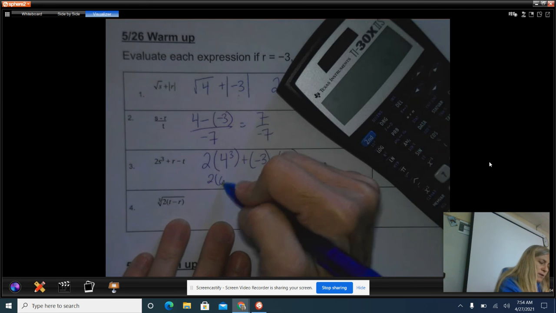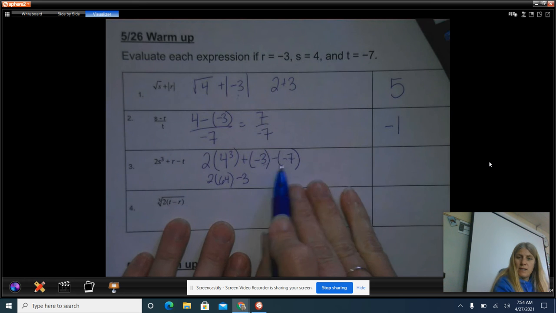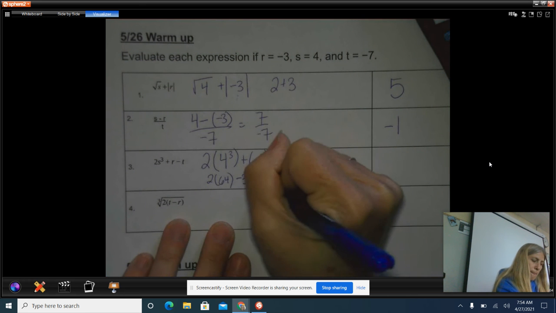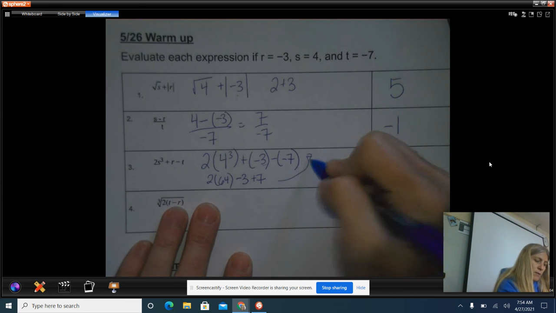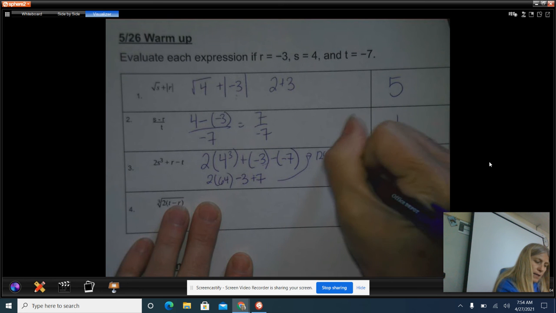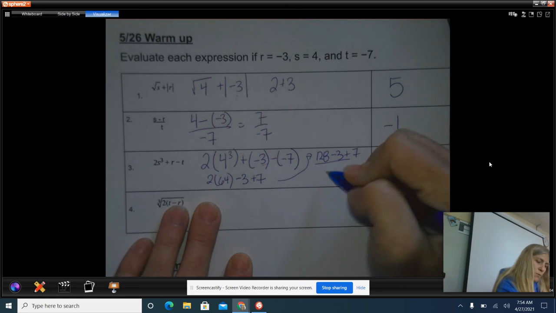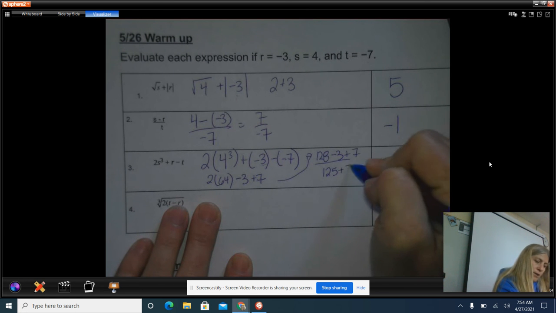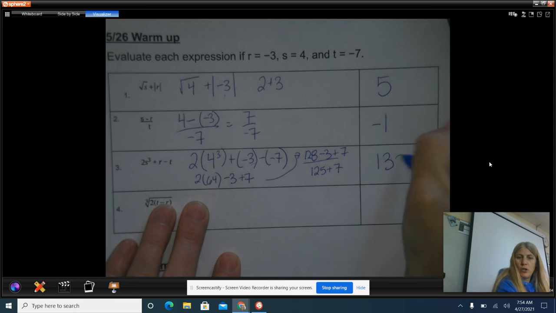So we have 2 times 64, and then -3 minus -7 is +7. So 2 times 64 is 128, minus 3 plus 7. 128 minus 3 is 125, plus 7 is 132.